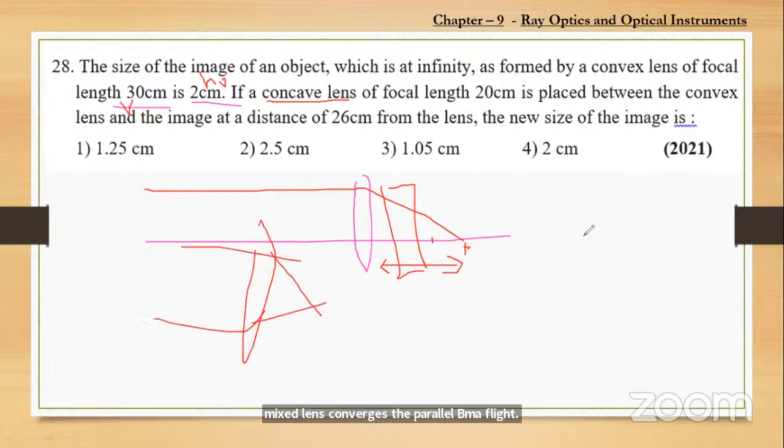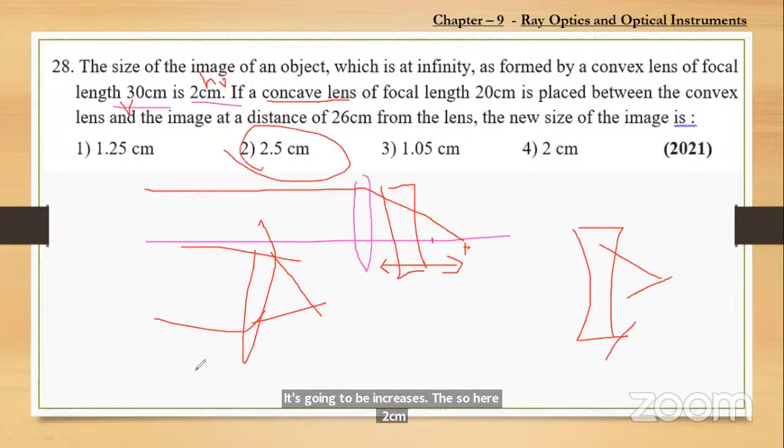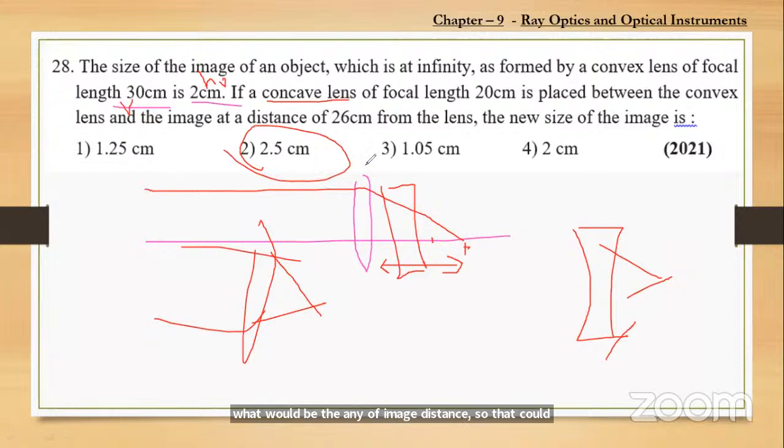At this converging point, if I place a diverging lens, it increases the height. So which option is more than 2 centimeter? Option 2.5. No need of calculation, you just identify using that phenomenon. So the value of the image size could be 2.5 centimeters.